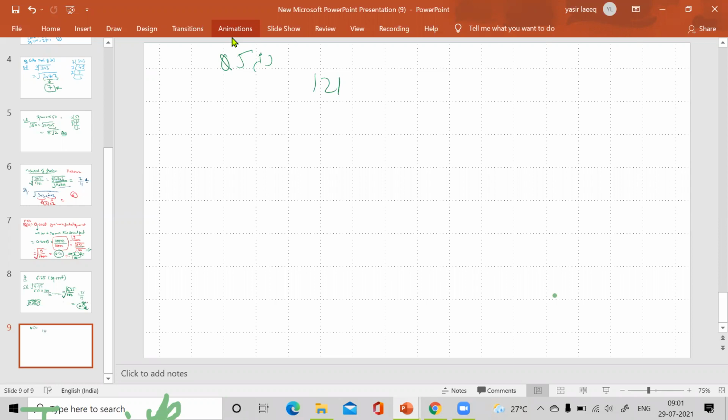Under root sign 121 plus under root 49. Okay, this question comes around 2 or 3 marks.